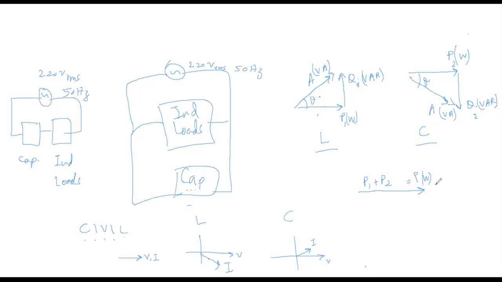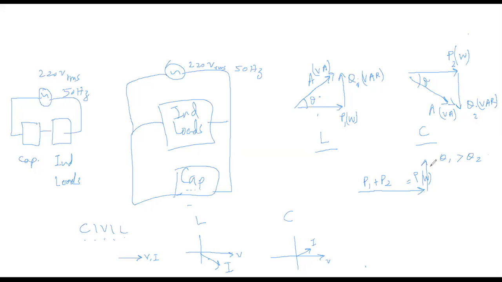So let's say the effect of the capacitor is less than the inductor. Then that means, in case 1, Q1 is greater than Q2. The effect of the inductor is more than the effect of the capacitor. Since Q1 is greater than Q2, Q1 minus Q2 will be upwards.